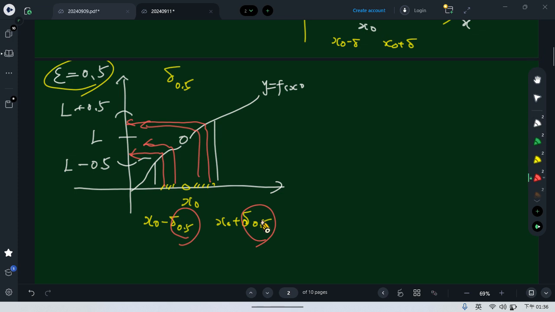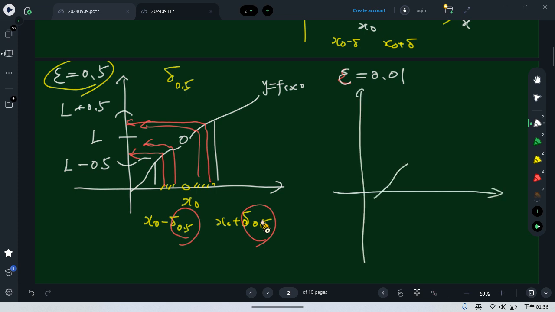Again, if I make the epsilon smaller, like 0.01, then through this curve, L is still there, but epsilon has been changed to 0.01.